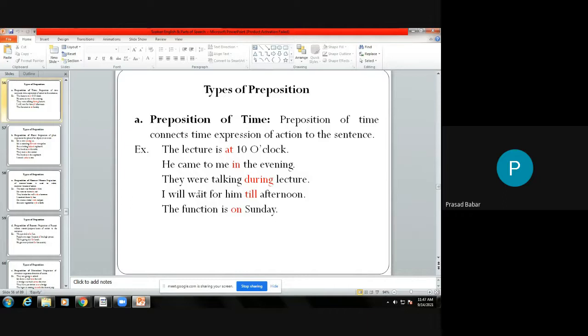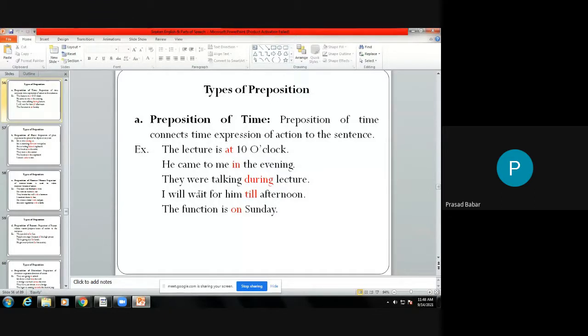Let's see it with an example. The first example is: the lecture is at 10 o'clock. When is the lecture, if we ask, the answer is at 10 o'clock.